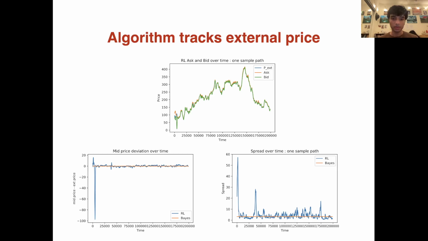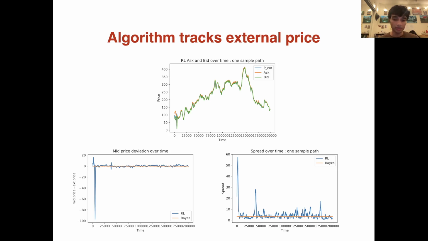In the figure on top, we see the external price and the ask and bid prices as recommended by the RL algorithm. Initially, we see that there is a large deviation between these three, but eventually the algorithm learns to track the external price exactly, even though it doesn't have any access to the external price directly.